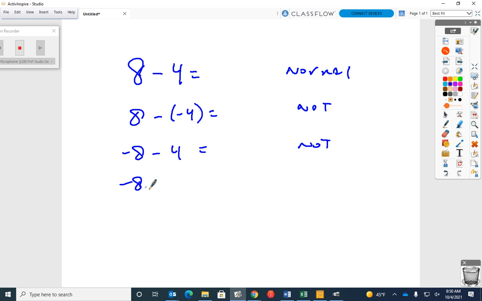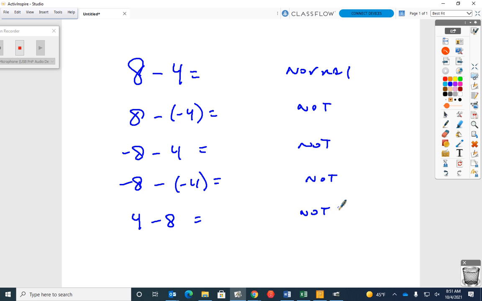If I had negative 8 minus negative 4, is that normal? No. There's not only one negative, there's two negatives. If you just have one or more, it's not normal. If I have 4 minus 8, is that normal? No.